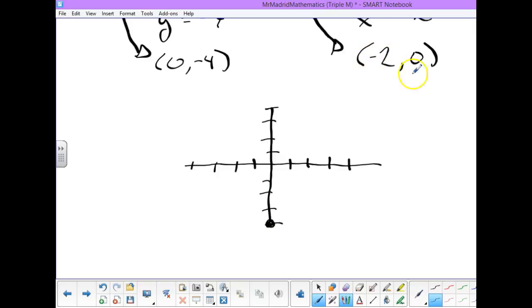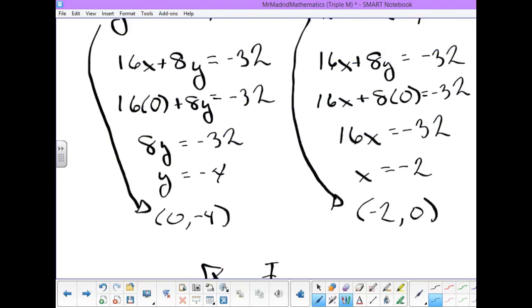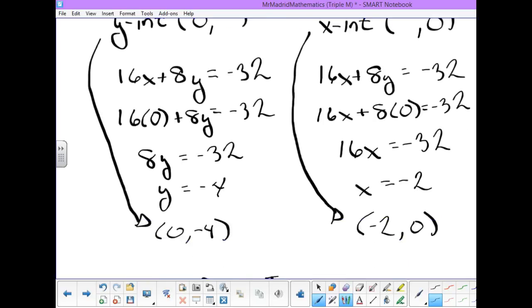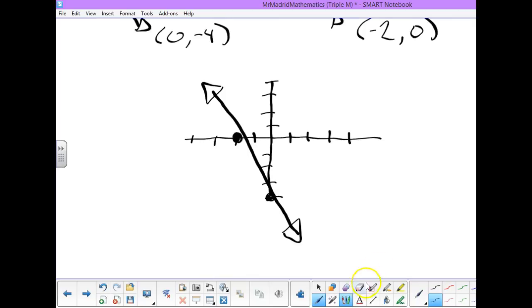Next I'm going to plot negative 2, 0. Negative 2, 0. And I can connect the line. Now that I've done that, I'm going to go and ask myself, is the symbol here equal to? No, it's not. That means something to me. And if I look back at my notes, it means that I cannot have a solid line. So I'm going to break it up as such.